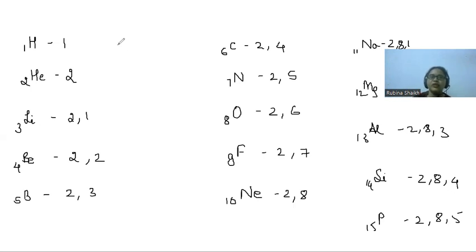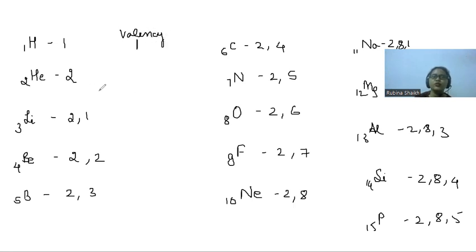It depends upon the electronegativity also. You can remember here only one thing: valency means the electrons in the outermost shell. So hydrogen has atomic number 1 and 1 electron in the outermost shell, so its valency is 1.